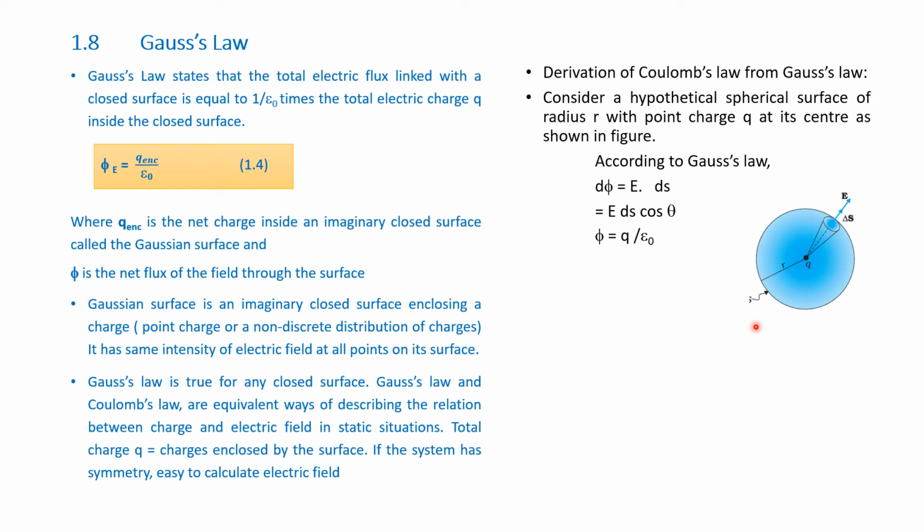According to Gauss law, d phi is equal to E dot ds, that is equal to E ds cos theta. Therefore, integrating, we get phi is equal to q over epsilon naught.